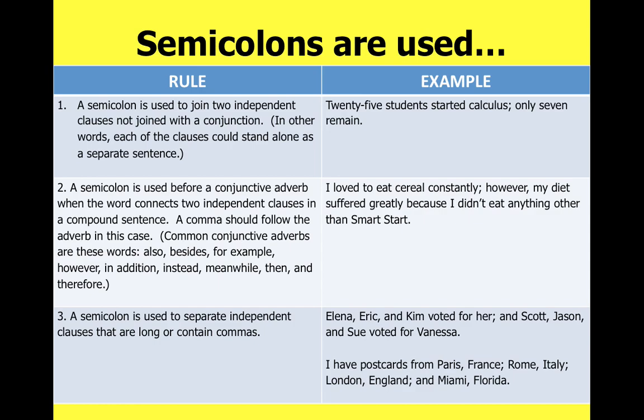In that second example, you see that the commas are separating the city from the country, whereas the semicolon is separating those destinations from each other in the list. It's used to make more clarity within that list. Same thing with the first example. You want to make it clear that the semicolon is separating those two separate lists so that it doesn't get confusing.